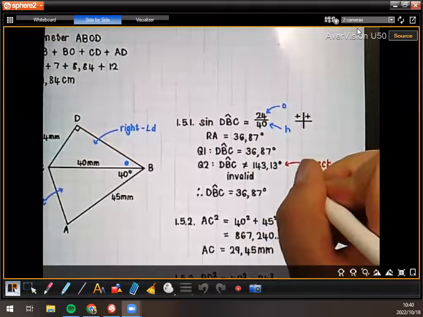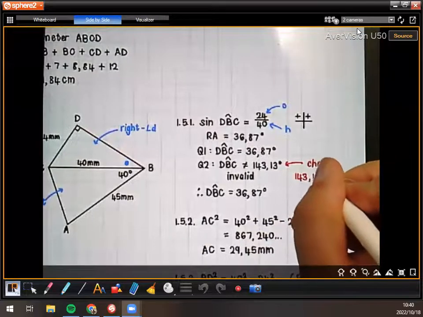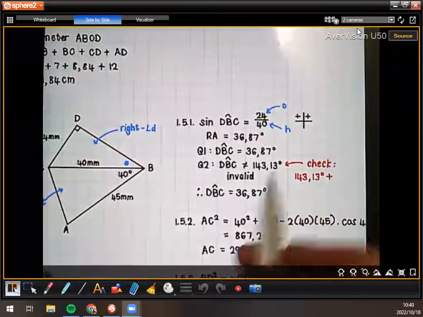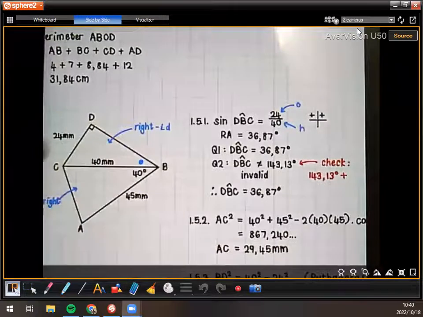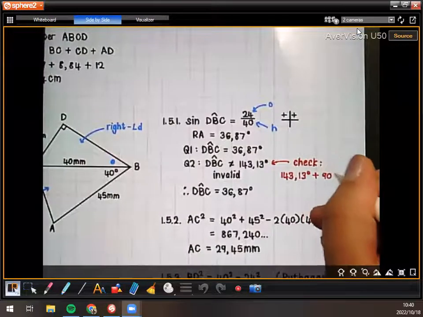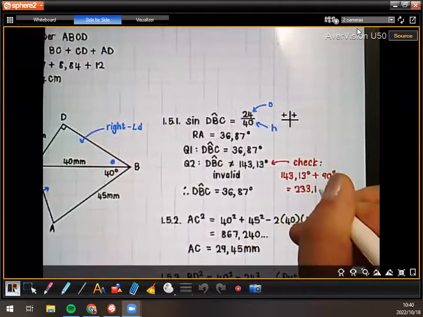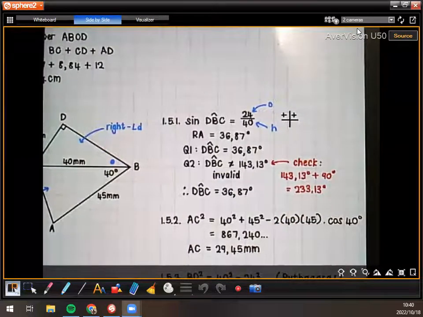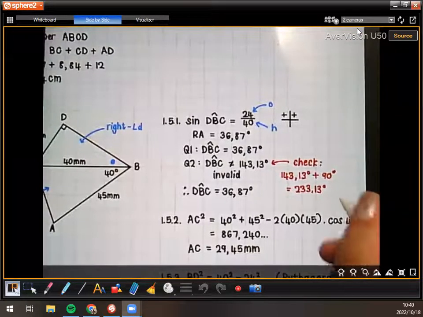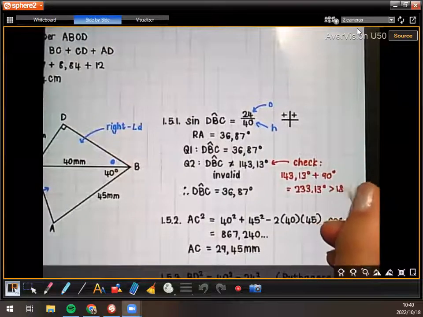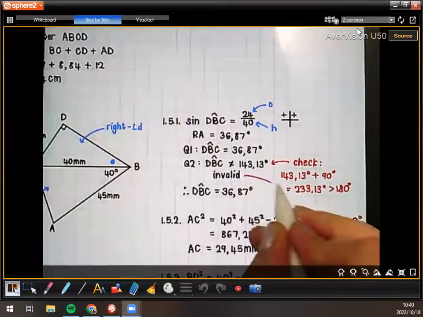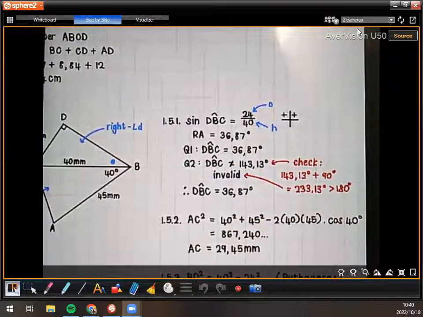If you do 143.13, your quadrant 2 solution, plus the angle that you have in that triangle, which is 90, you're going to get 233.13 degrees. Is that possible in a triangle? No. This is greater than 180, which is why the answer is 36.87.